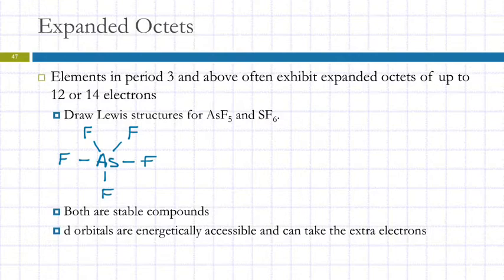And then total number of valence electrons, we've got 5 fluorines, they each have 7. And then how many valence electrons does arsenic have? 5. So we've got 35 plus 5, so we got 40, right?